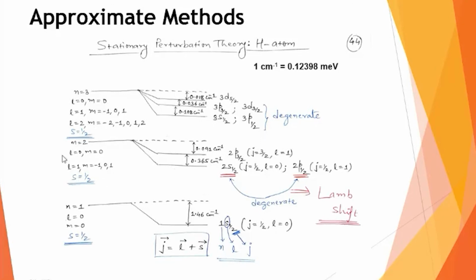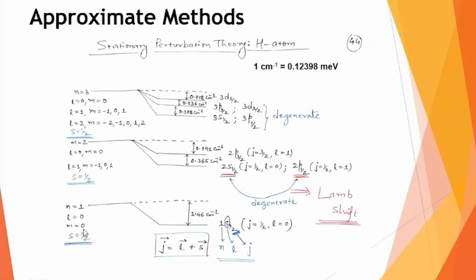On the left side, where I have written, say, n equals 1, L equals 0, these left horizontal lines are the states without any perturbation. Correct? The quantum numbers are also written. We know that for the ground state, when n equals 1, L and M both are 0. Now I'm also including the spin of the electron, which is half.